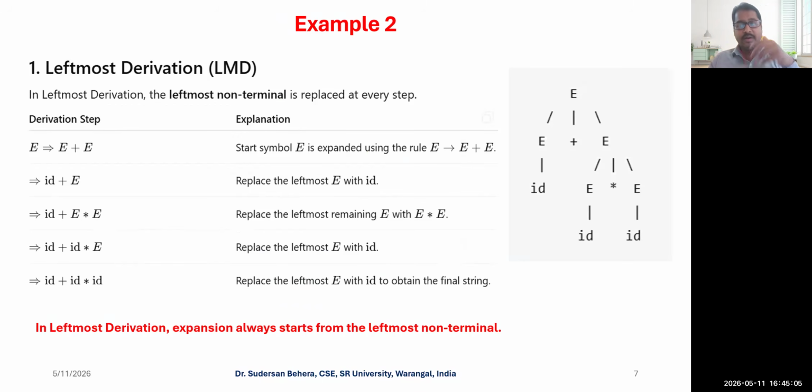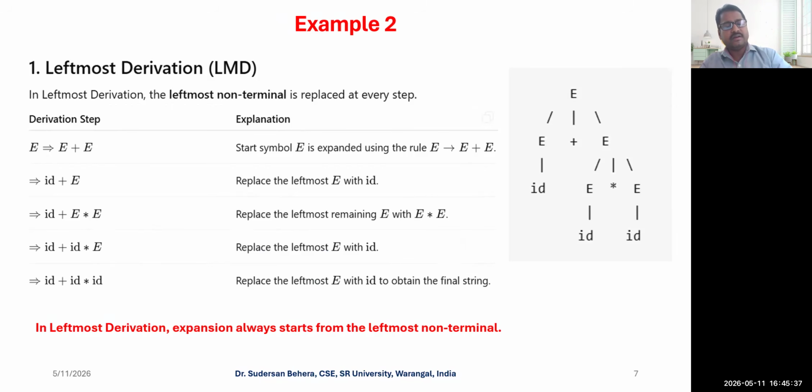By leaving that, you cannot come to the next string, or you cannot scan the rest of the things. So the first grammar symbol that is a non-terminal, the leftmost E, has to be expanded first. Expanded in the sense that it is replaced with its production. That is called expansion, replacement, substitution. So the first E is replaced with ID.